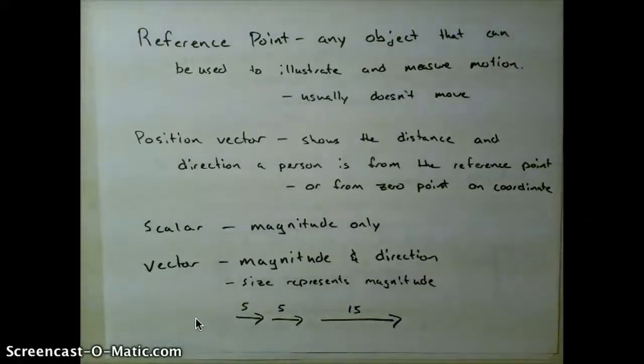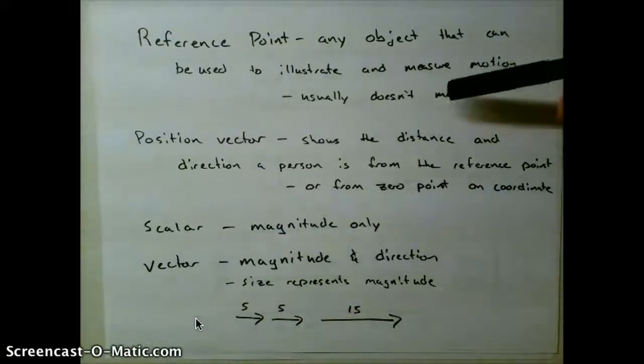Or your reference point could be another passenger on the train. So if you get up and walk back and forth on the train, according to that passenger, you're moving. But the train is not. So reference points and relativity all kind of change. We usually try to keep things that don't move, though.